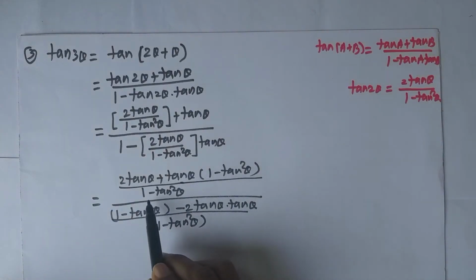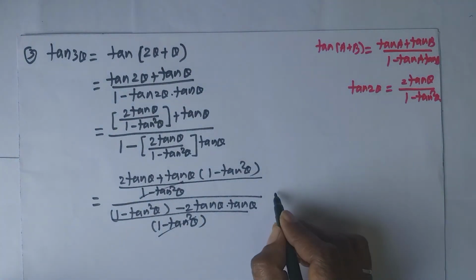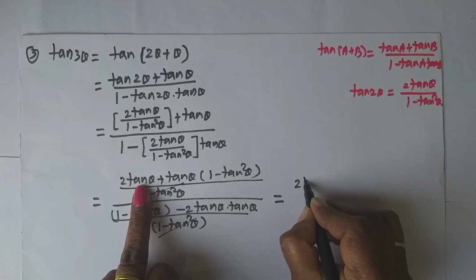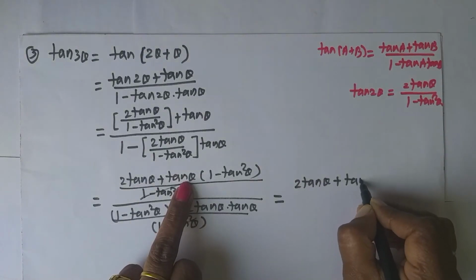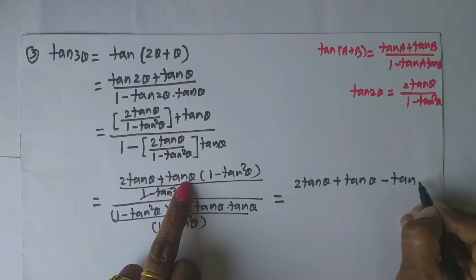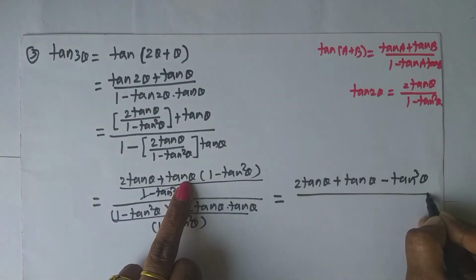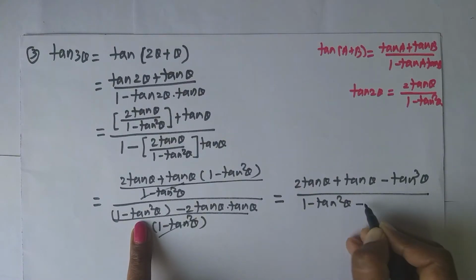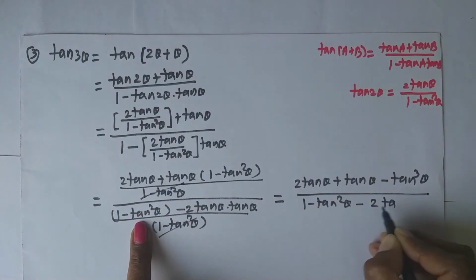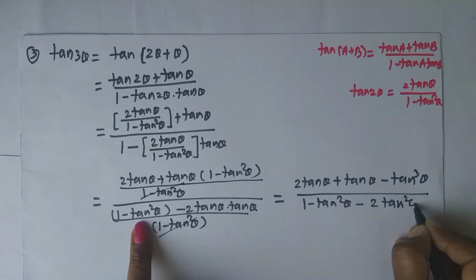See here, this 1 minus tan square theta and this 1 minus tan square theta will get cancelled, and what remains here? This is 2 tan theta. Then here open the bracket, this will be tan theta minus tan cube theta, divided by 1 minus tan square theta minus 2 tan theta into tan theta, tan square theta.